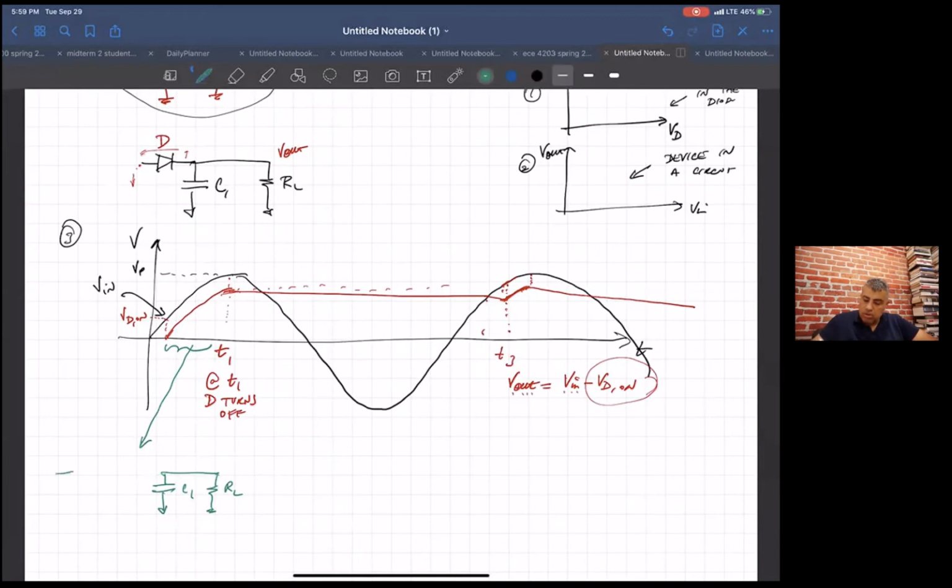The diode is on, but it's got a V_D on battery, so we get that drop across it.